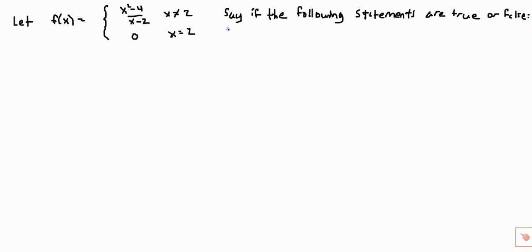And we're going to have 4 statements. One is the limit as x approaches 2 of f of x exists. The second statement is f of 2 exists.